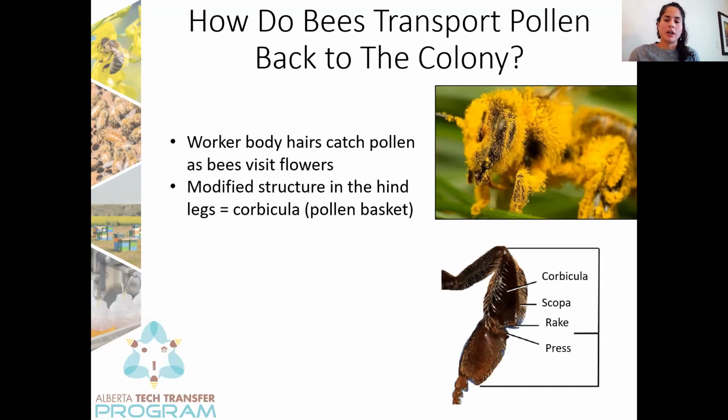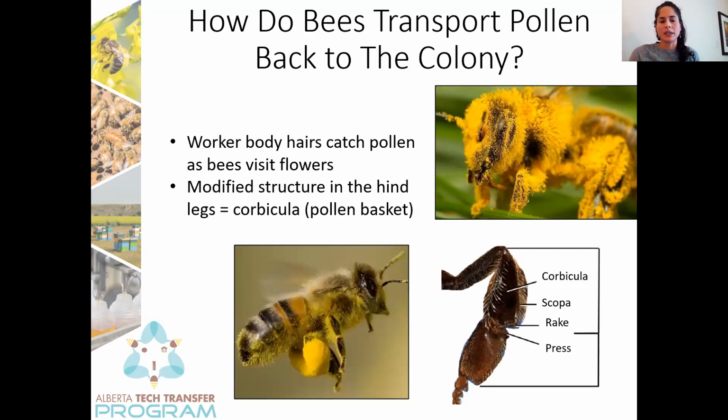They'll have pollen all over their body, and they use their hind legs to brush off that pollen. When they brush it off, they move it to the hind leg so they can store it in the corbicula. They also have what we call the pollen press.